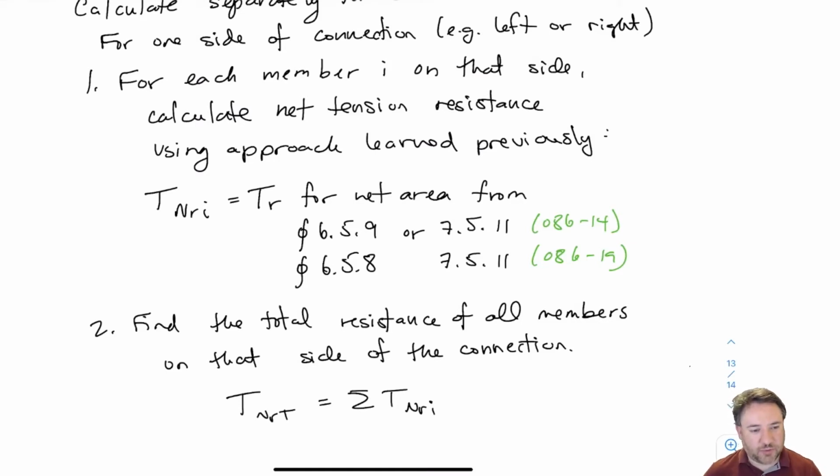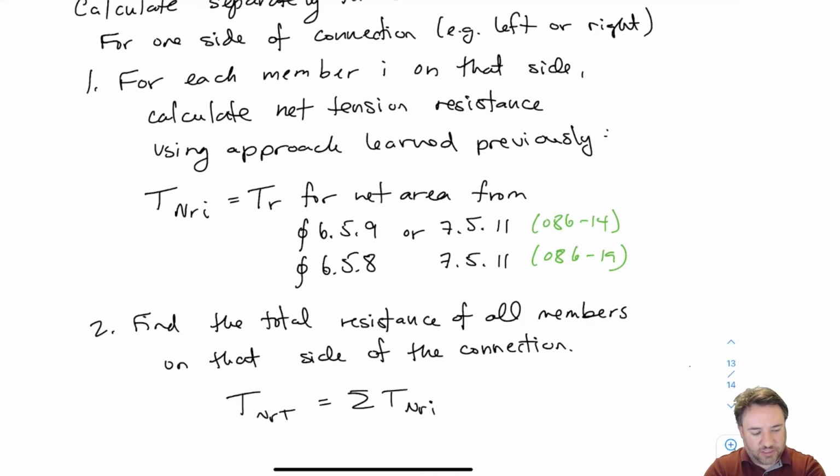So if I have a 3-member connection, the one that we looked at before, on my left side I had 2 members. On that side of the connection, I'm going to add up the net tension strength for both. If the net tension strength is the same, I'm just going to multiply it by 2 and calculate it once.